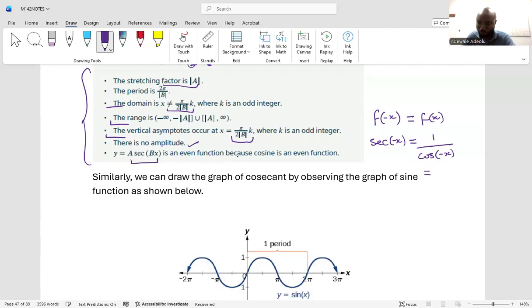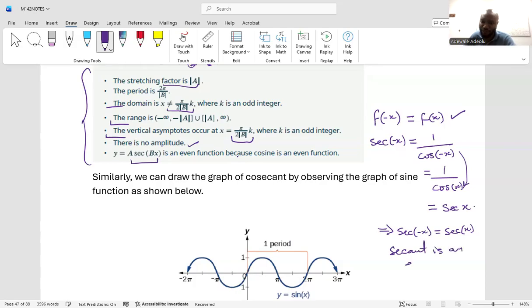Since cosine is an even function, I can replace that by cosine of x. And this gives secant of x. And now we have shown that secant of negative x equals secant of x, which is the definition of an even function. And so we conclude that secant is an even function.